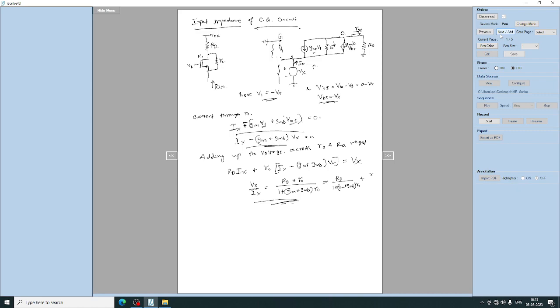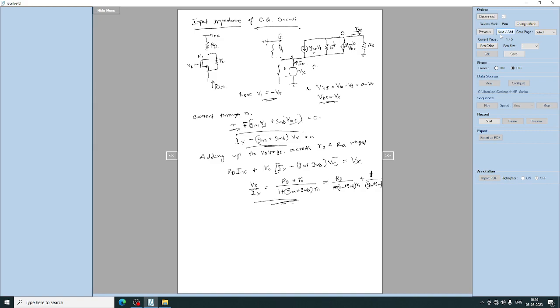If we take the LCM, the R naught also gets cancelled, giving 1 upon GM plus GMB. So this is the input impedance of the common gate circuit.